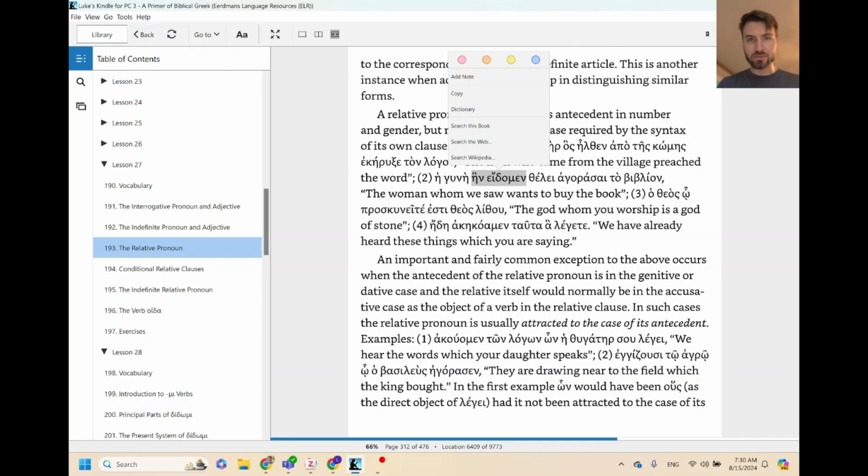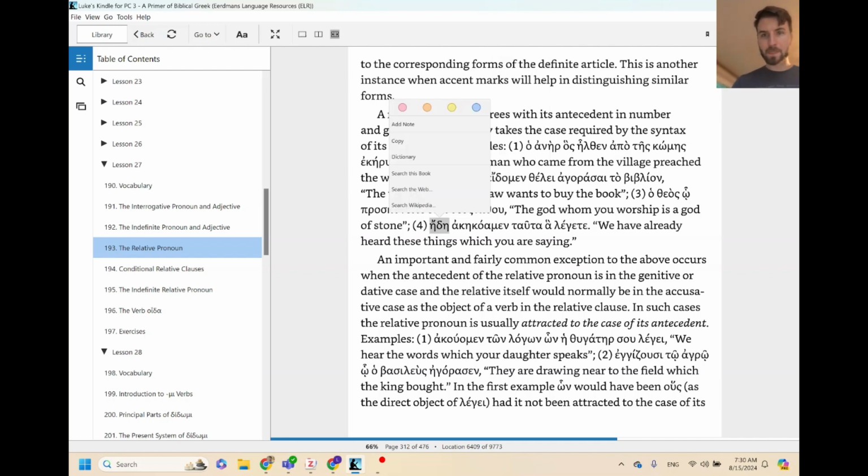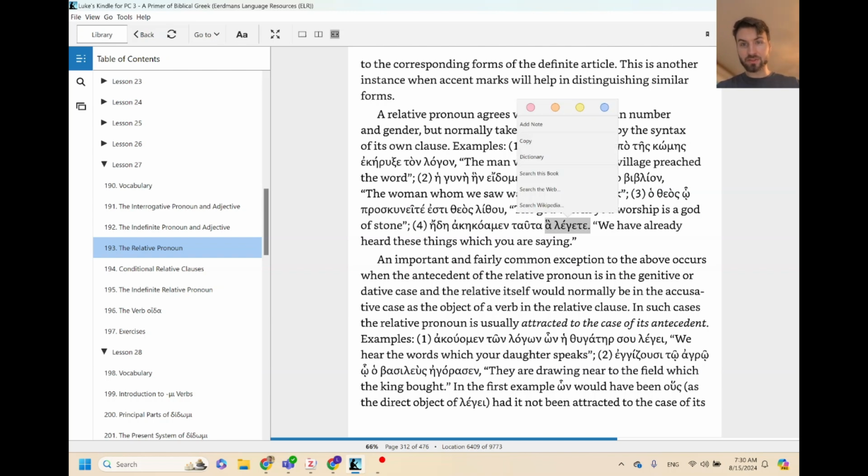Okay, let's go down here to a neuter. Already we have heard these things that y'all speak. So here's the relative clause. Already we have heard these things. Period.